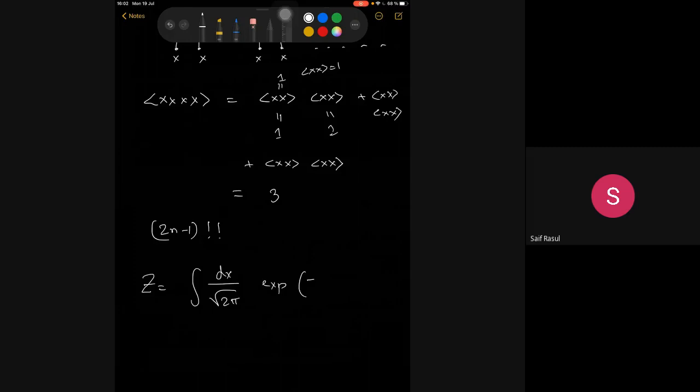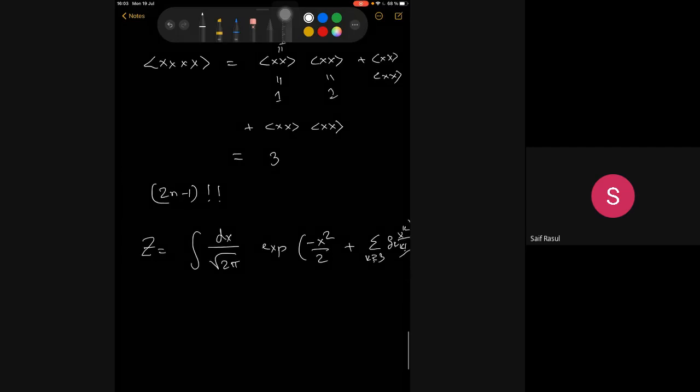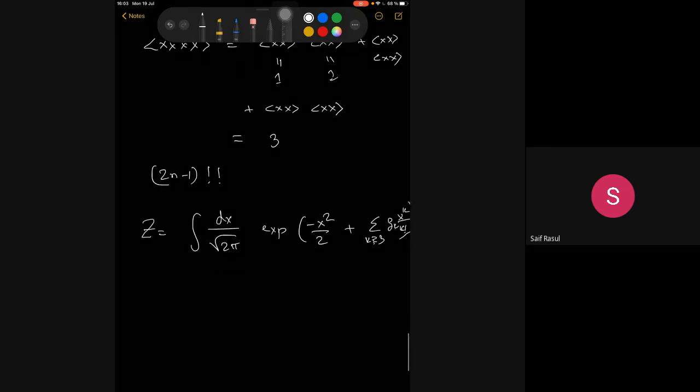But if you want to generate graphs of all valencies, you can write a partition function like this, and we'll see an example of that. This will generate graphs.